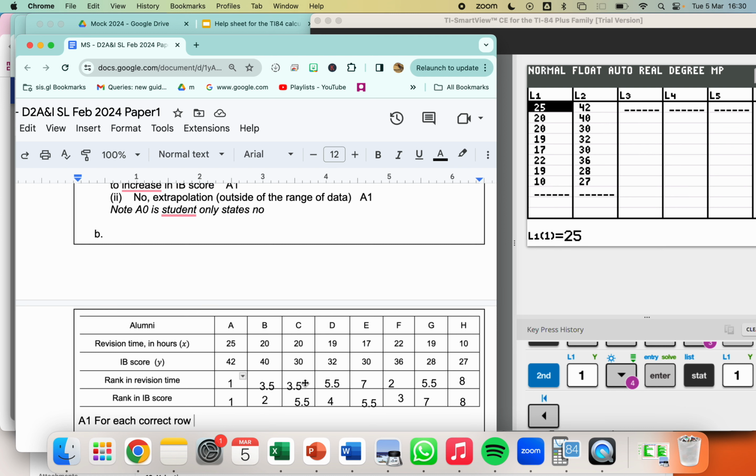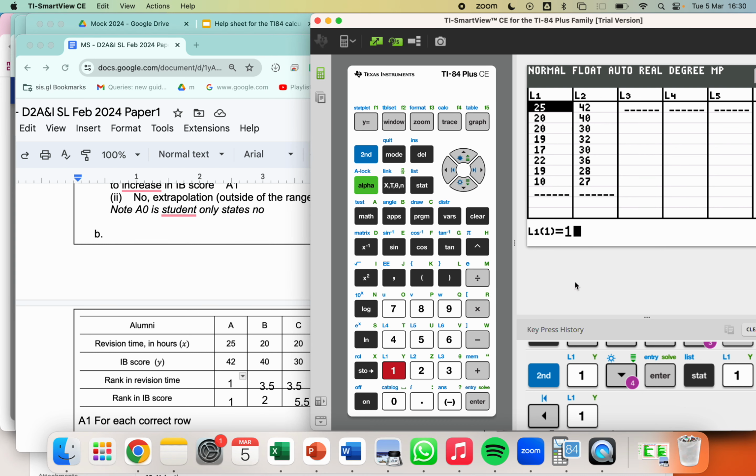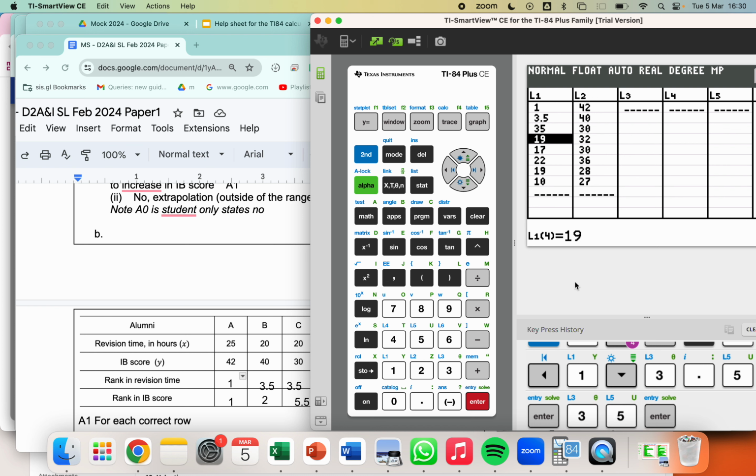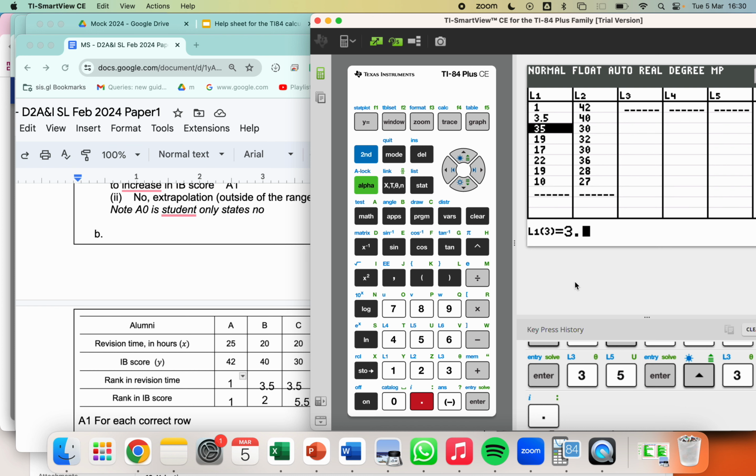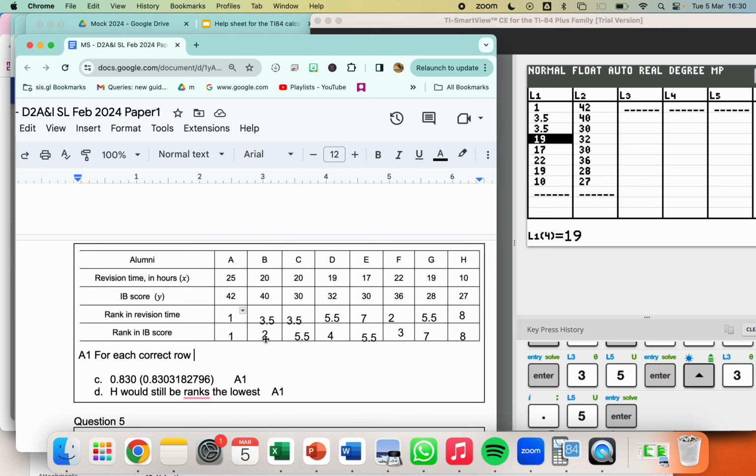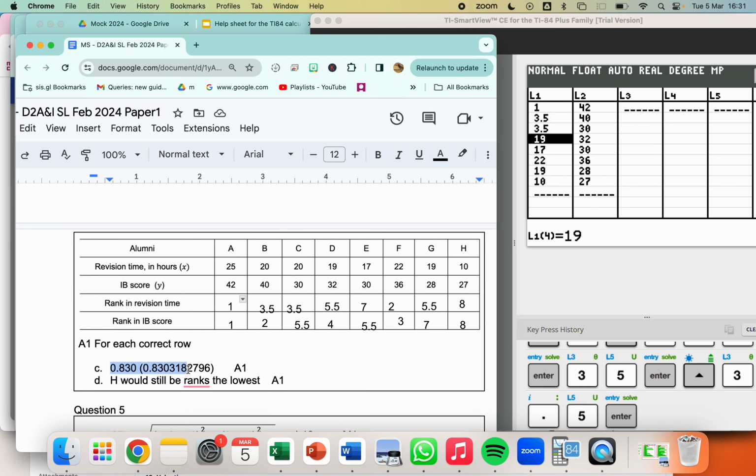So 1, 3.5, 3.5, 5.5. And you would just complete both list 1, list 2, and you would do the same process we did previously to find what R is. It's really quite simple. You get this as the answer, 0.830.